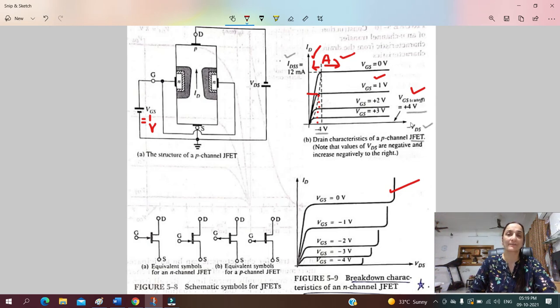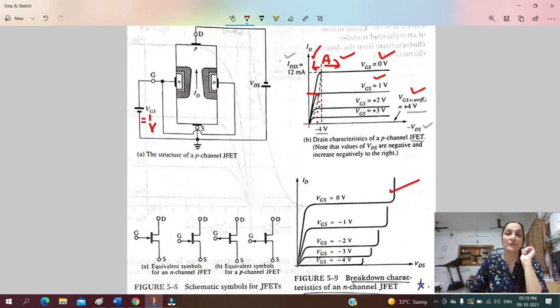When VDS is equal to the magnitude of V pinch off, that is 4 volt, then pinch off occurs for VGS equal to 0 volt. So pinch off can be defined in two ways. In terms of VDS, it is the value of the magnitude of VDS for VGS equal to 0 at which pinch off occurs, when the drain current levels off and becomes constant.